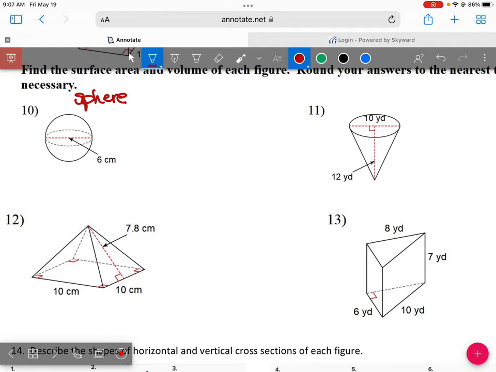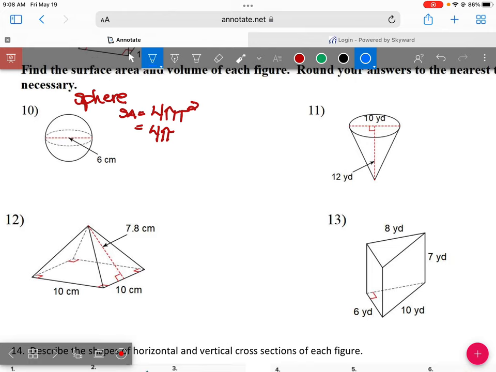I'm going to do surface area first, and the formula is 4 pi r squared for a sphere. Surface area. That's like I was wrapping it with gift wrap, gift paper. So 4 is a number that's going to stay the same. Pi is a number that stays the same. What is my radius here? What is my radius of the sphere? 6.